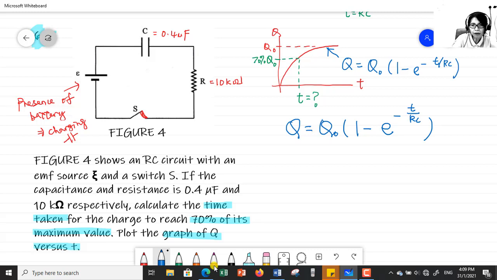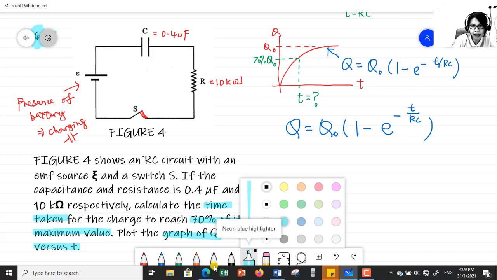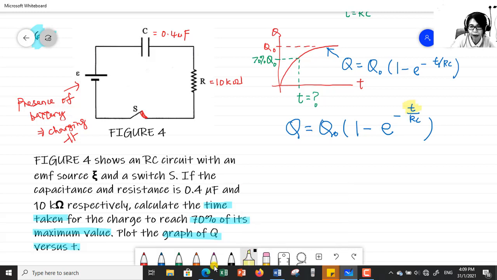So I want to find the time when my charge is 70% of Q0. This is how we write it in mathematics: 70% of Q0 equals Q0 (1 minus e to the power of negative t over RC).